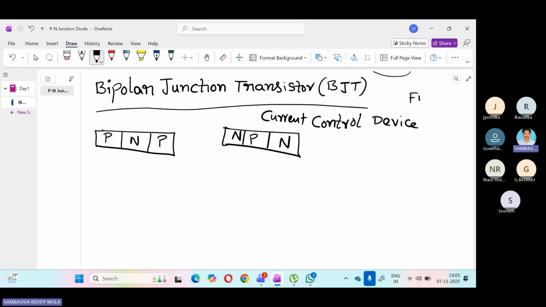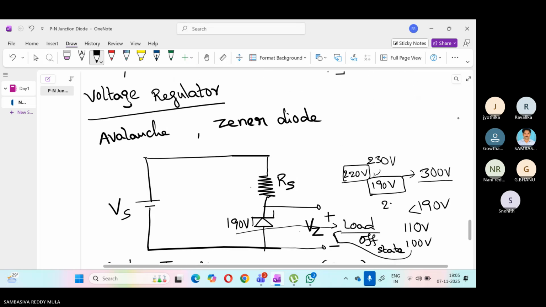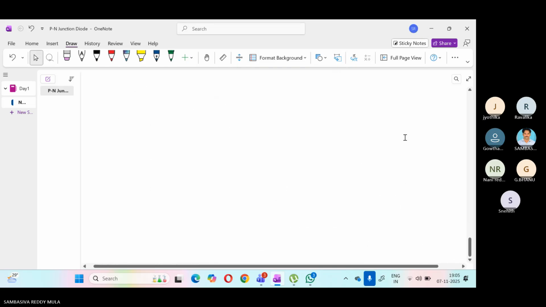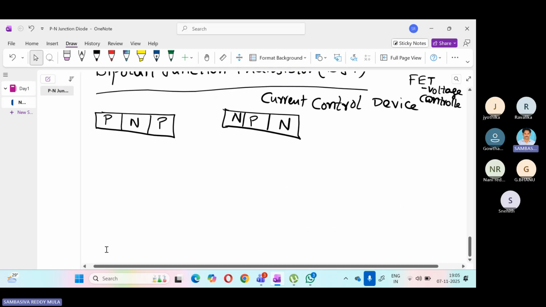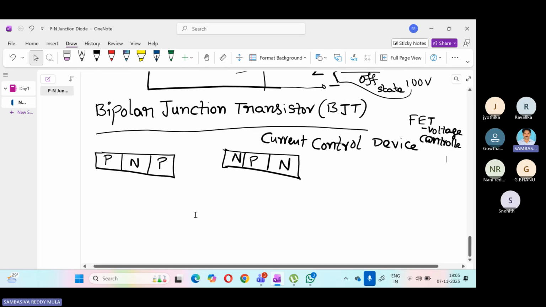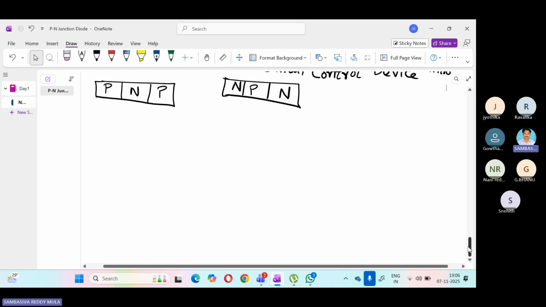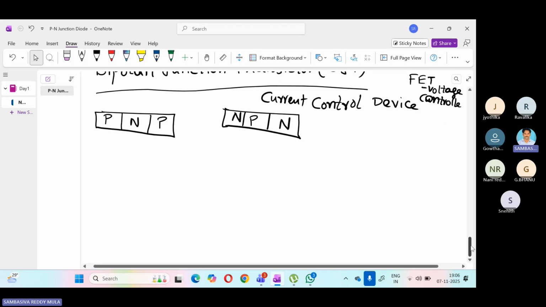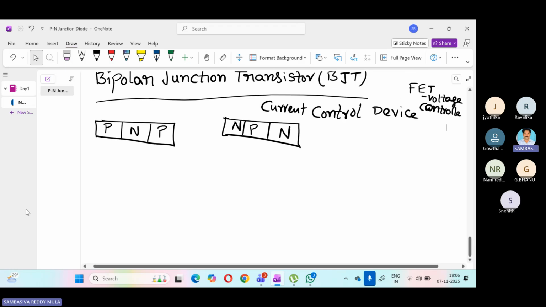Field effect transistors are voltage controlled devices. Okay. So we'll discuss only the BJT, bipolar junction transistor. It is a current controlled device. We need to remember this point.